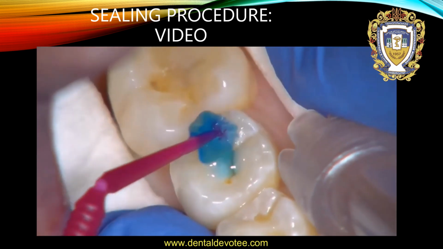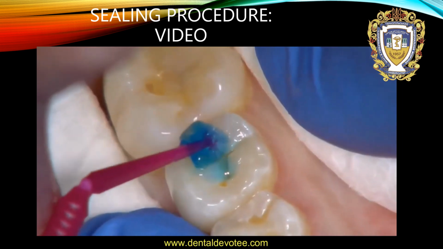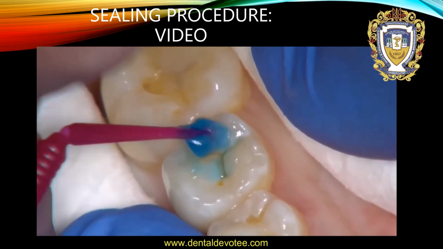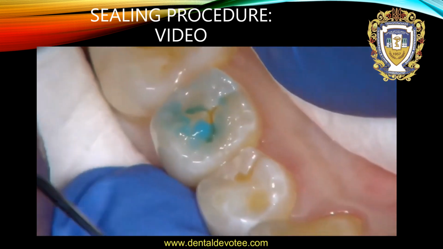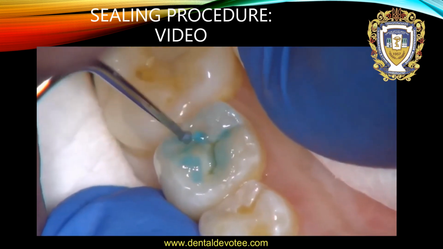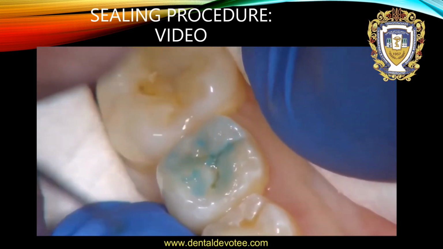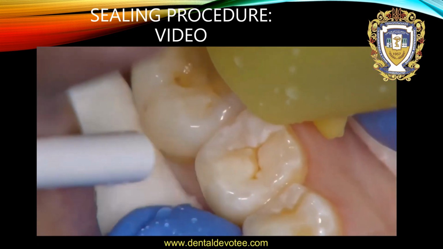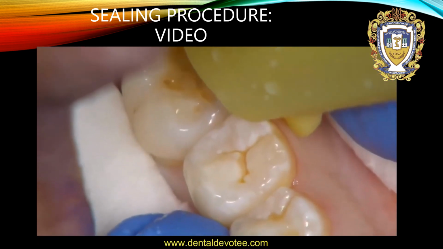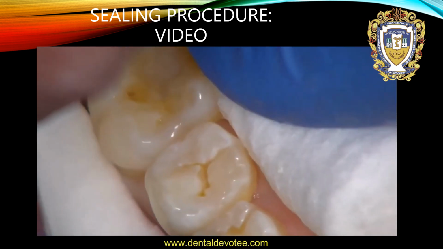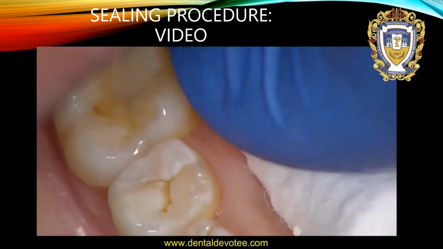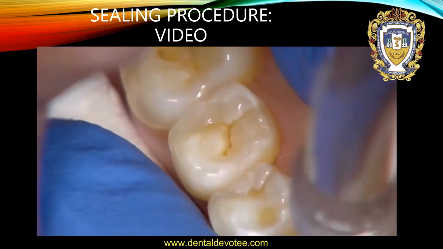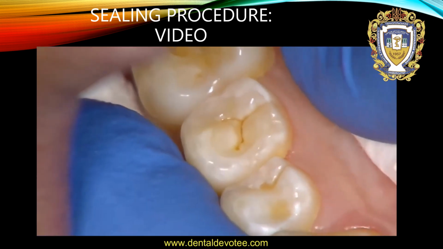Then the tooth surface should be etched with 37% phosphoric acid. Wash for 15 seconds. Dry for 15 seconds. Use a bonding agent if the surface could potentially become contaminated with saliva. Then light cure for 15 seconds.